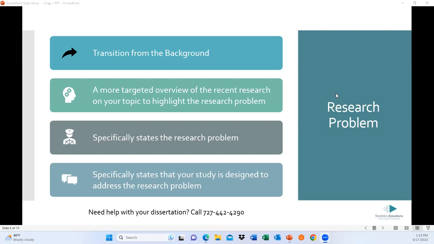And to do that, you might need to throw a traditional or a foundational study in there, but it mostly should be current research. And what is a research problem? Let me just back up for a second here, because sometimes we're not always on the same page about what a research problem is. A research problem is just like it sounds.